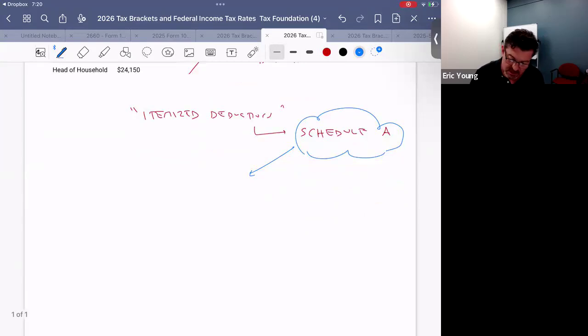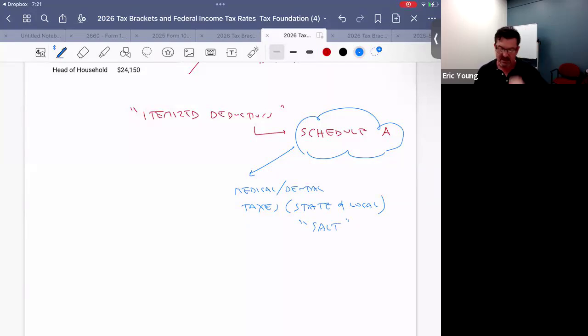Well, the main ones you can itemize are medical and dental expenses, taxes that you pay, state and local taxes only, not your federals. So we'll say taxes, state and local. They call that SALT, S-A-L-T, state and local taxes.